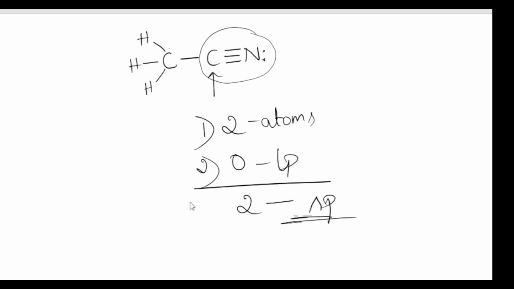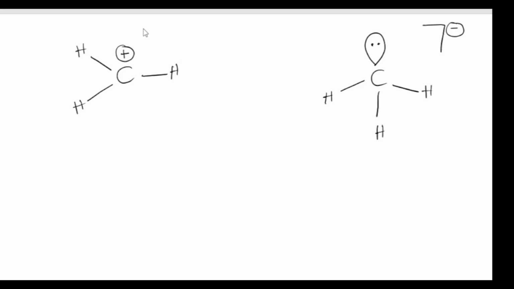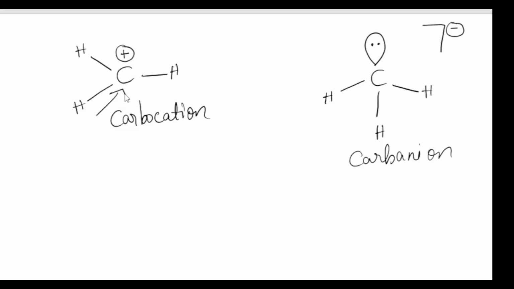Now, we'll see some special cases, that is carbocation. This is carbocation and this one is carbanion. Now, I have to find the hybridization of this carbon as well as this carbon. Suppose this carbon is attached to 3 other atoms, that is 3 hydrogens, correct?